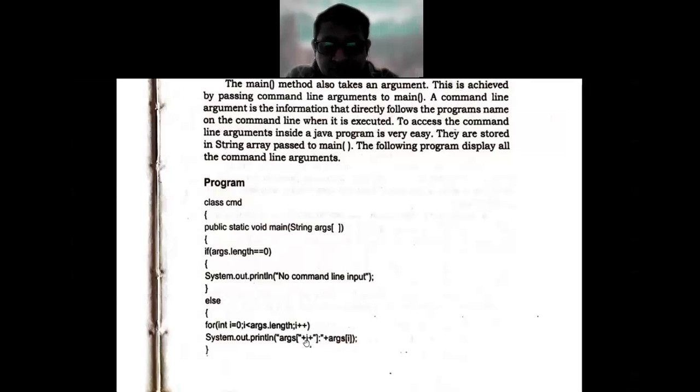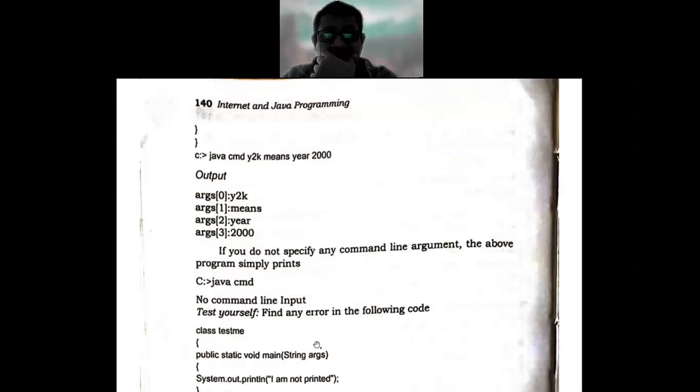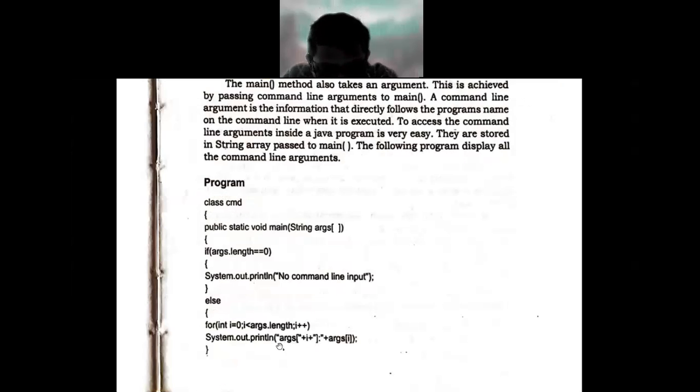Let us see what this part is doing. This part is printing the bracket, then we will print the variable value, and then again a plus sign, and again we will print the closing bracket.